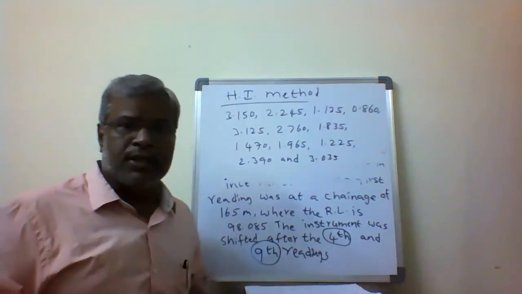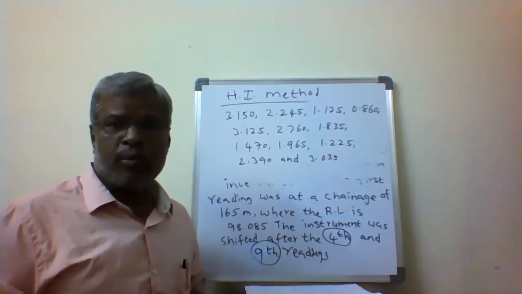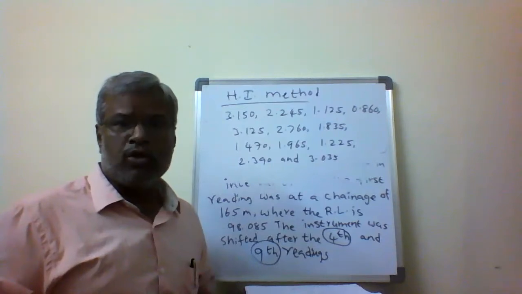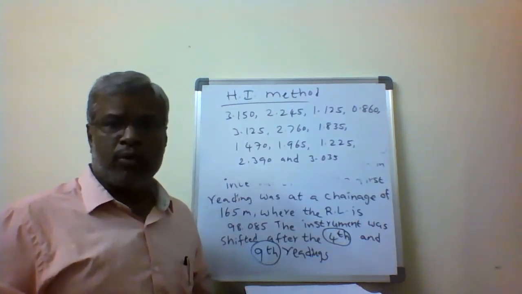So these are the staff readings: 3.150, 2.245, 1.125, 0.860, 3.125, 2.760, 1.835, 1.470, 1.965, 1.225, 2.390, and 3.035.